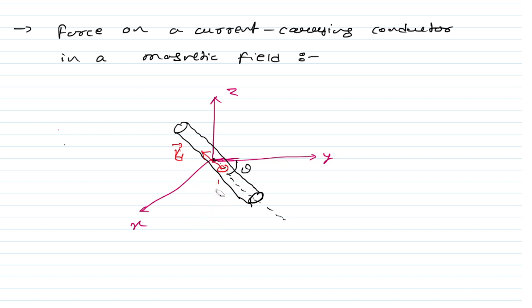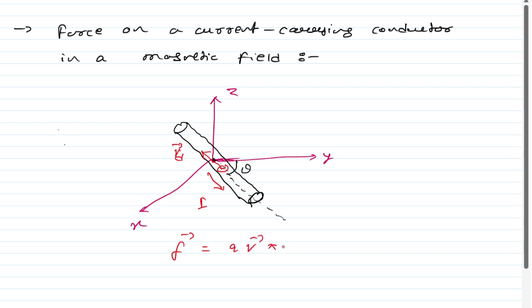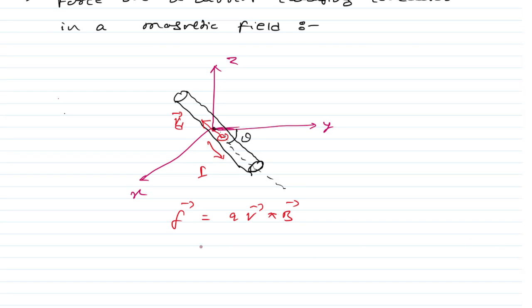Now after understanding this, we know that force on a charge moving in magnetic field is given by Q V cross B. Here V is Vd and charge is minus e, and let us assume the magnetic field is pointing in y direction. This charge particle is moving in this particular direction.